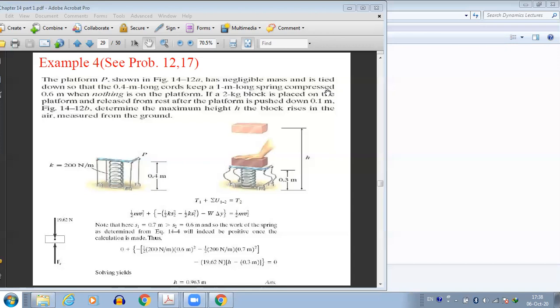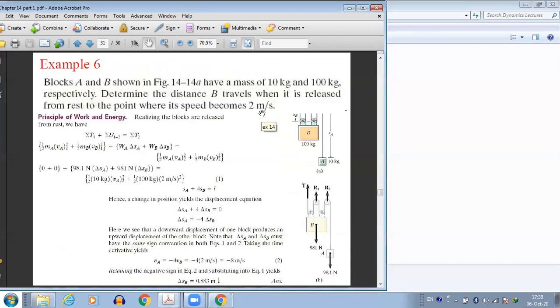Also, I have a question in example 6. Example 6. Okay. The work of A here. Why is it positive? The gravitational work of this object A. So what's the question actually?